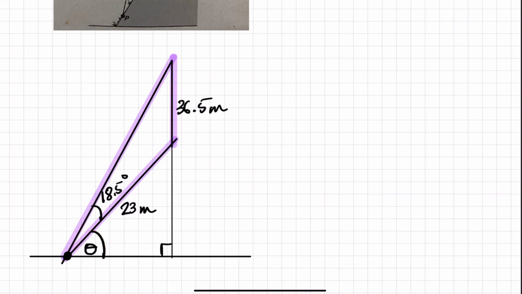So, parang ang maganda, titignan ko itong malaking triangle na to. Ang sum ng interior angles ng triangle ay 180 degrees. So, this plus this plus this is 180 degrees. Kaya yung hinahanap natin na angle is 180 degrees minus 90 minus ito, tas minus yung buong 18.5 plus theta.